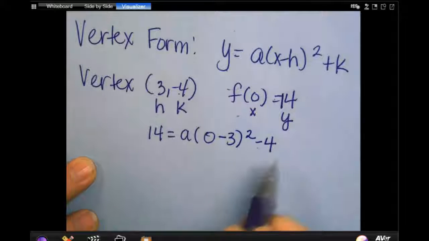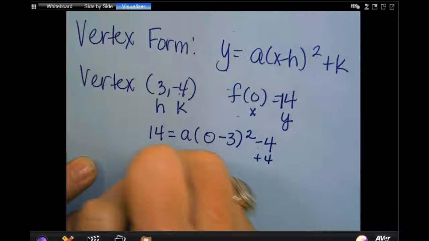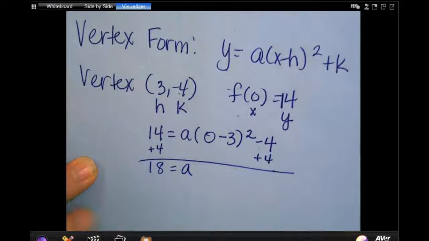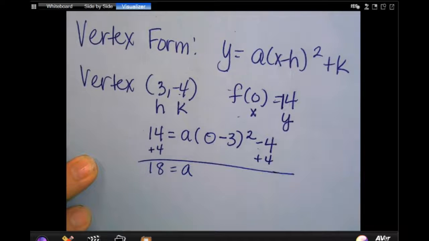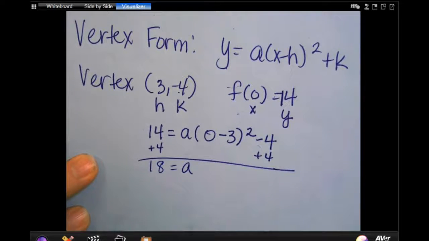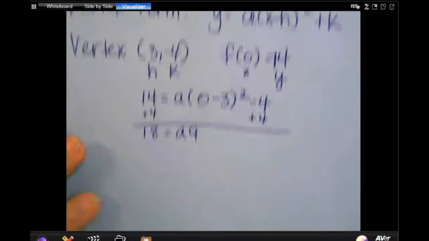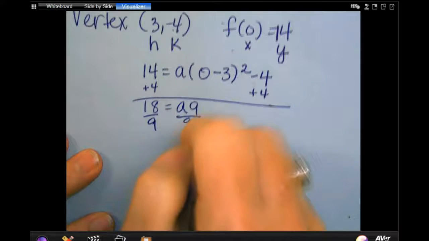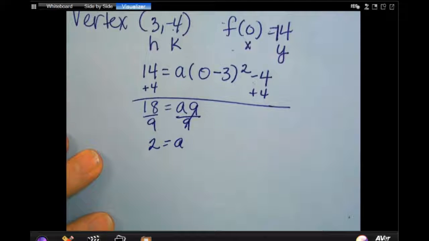The first thing I'm going to do is add the 4. And here I have negative 3 squared, so negative 3 squared is 9. Then I'm going to divide by 9, and my a is 2.